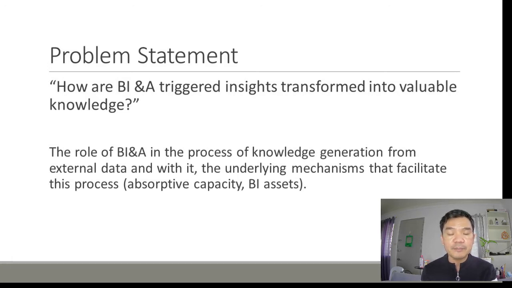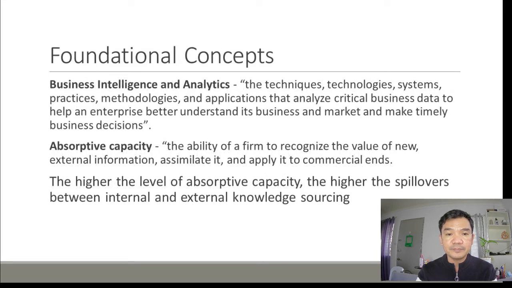So we will go back to the problem statement. The question is about how, which means it will illustrate some processes in which the organization can transform business intelligence and analytics insight into valuable knowledge.